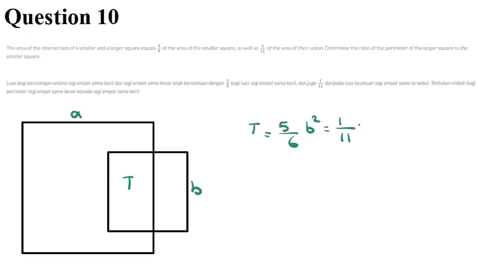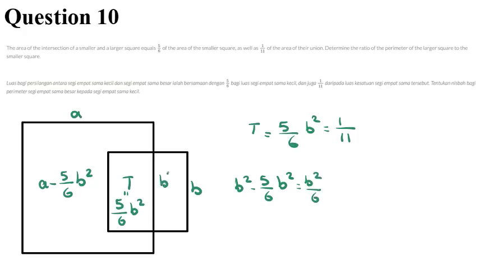Area of their union is what? Because T is 5 over 6 B squared, you can say A squared minus 5 over 6 B squared, and the area of the whole smaller square is B squared, so B squared minus 5 over 6 B squared, which is 6B squared minus 5B squared, so B squared over 6.